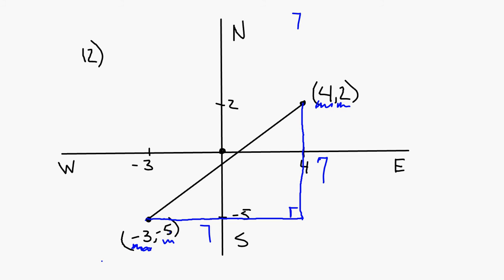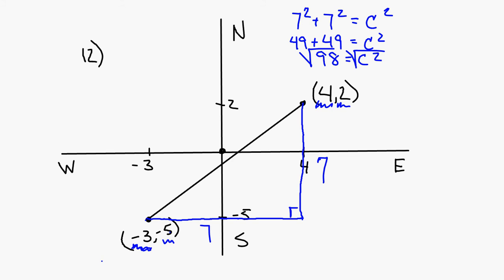So 7 squared plus 7 squared equals c squared. So that's 49 plus 49 equals c squared. 98 equals c squared. So the square root of 98 is equal to c.